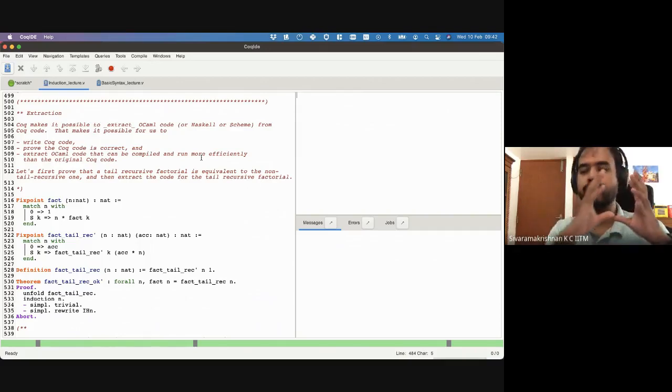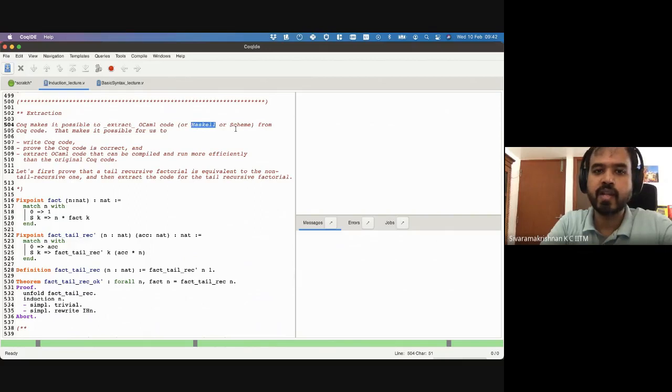So you write some code in Coq, right? And this can be in Coq's own functional language. You write some theorems and prove that the code is correct, right? And what you can do then is to extract the original code that you have proved theorems on into some language. You can extract things to OCaml, or you can also do extraction to Haskell and Scheme, right?